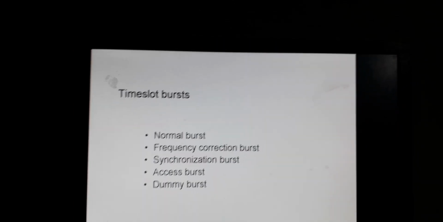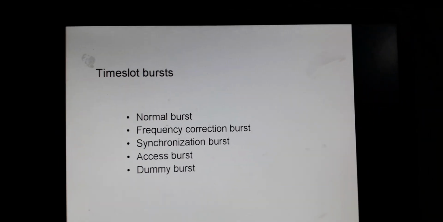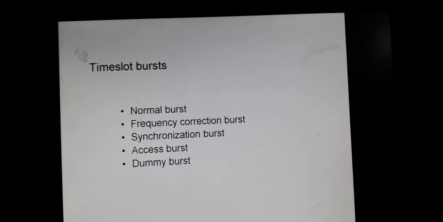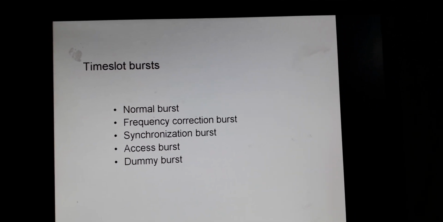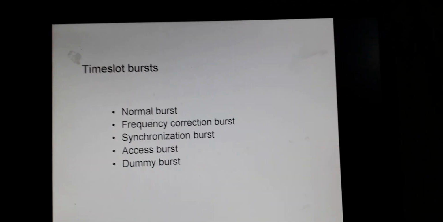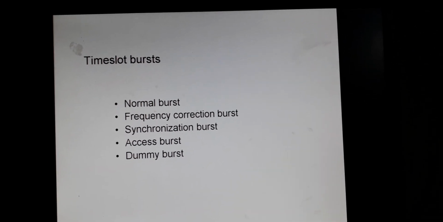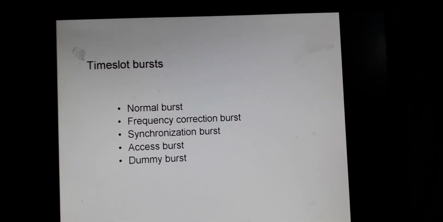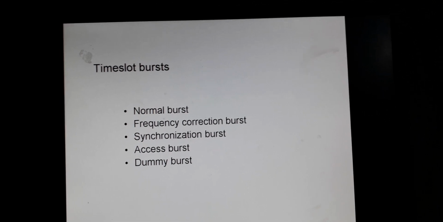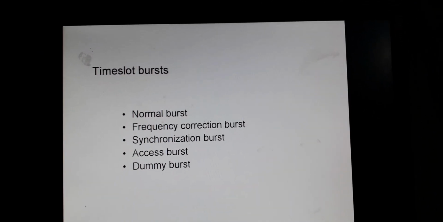Another important type of GSM signal processing or data transfer is bursts. There are 5 bursts: normal burst, frequency correction burst, synchronization burst, access burst, and dummy burst. Please understand, the frequency correction channel and synchronization channel are operating through these bursts.